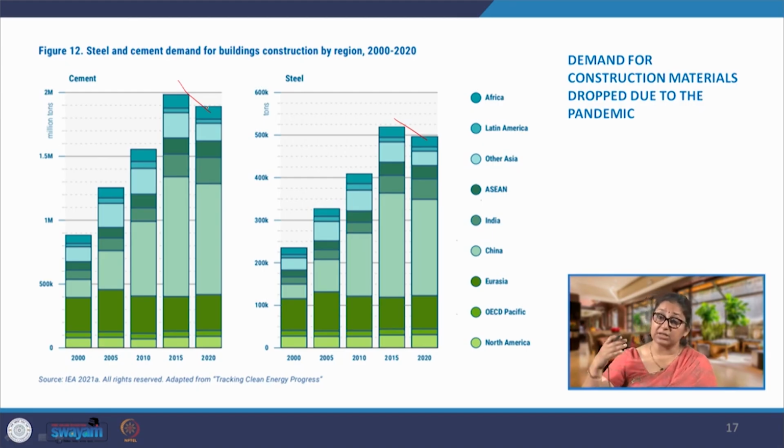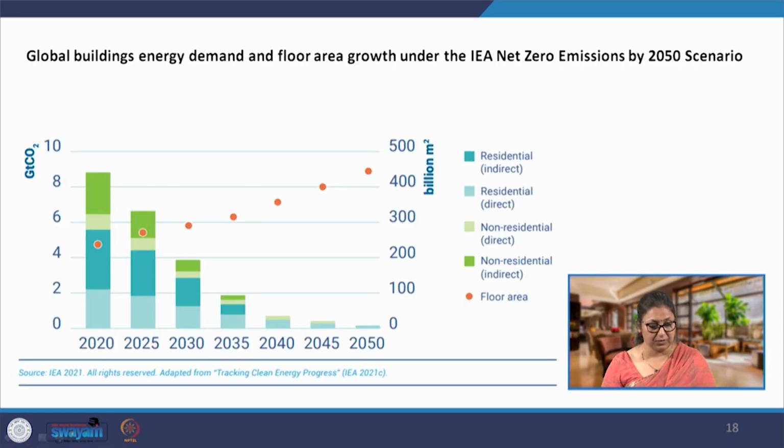And this can also be considered as part of policy when we are talking about city planning: how the city grows, how much land is available, whether we are going for vertical growth, horizontal growth, or how we are growing. That will also define what materials can be used in the buildings.